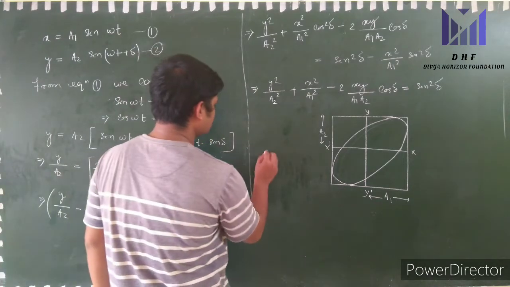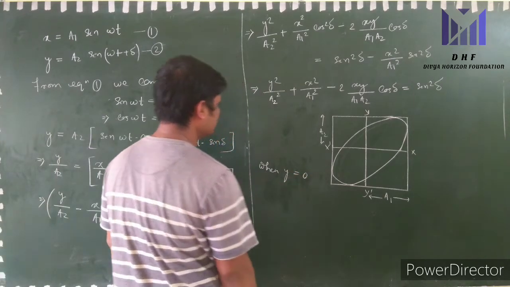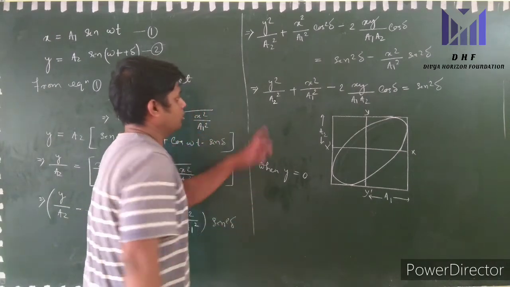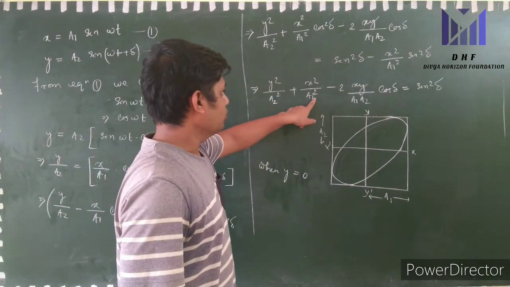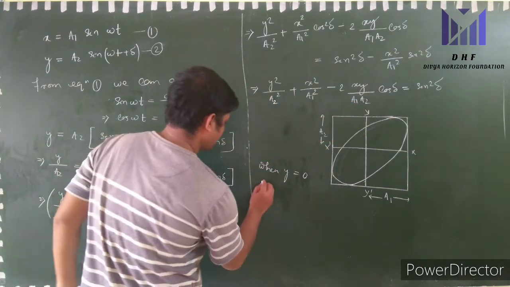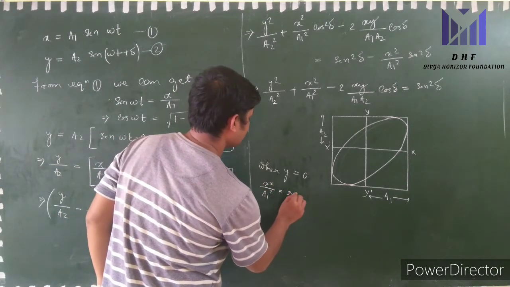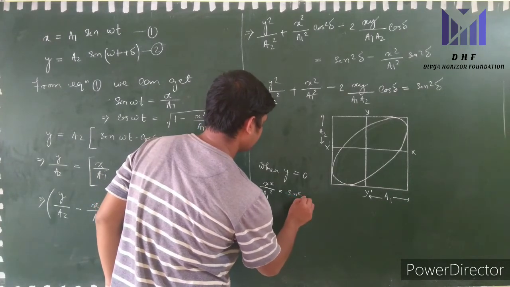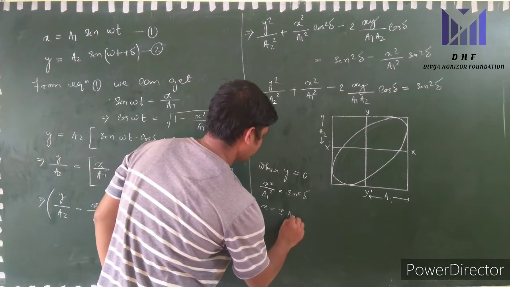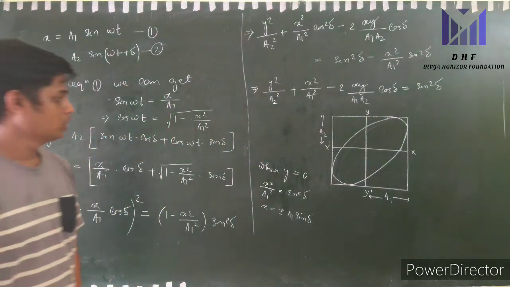When y is equal to 0, x square by a1 square will be equal to sin square delta, or x will be equal to plus minus a1 sin delta.